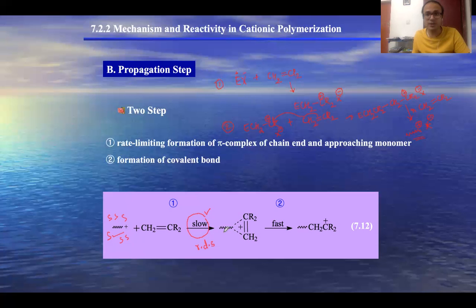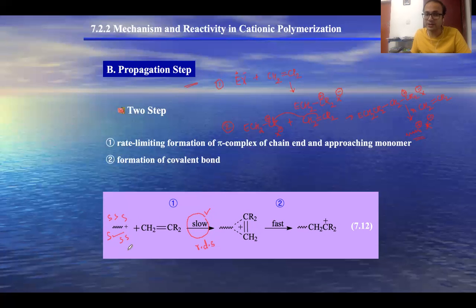That means if you want to do the cationic polymerization in highly solvating solvents, like polar solvents such as water or methanol, then you will retard the propagation step greatly because of this effect.